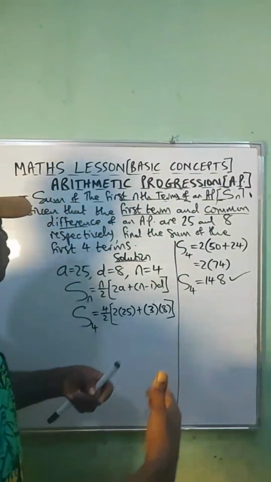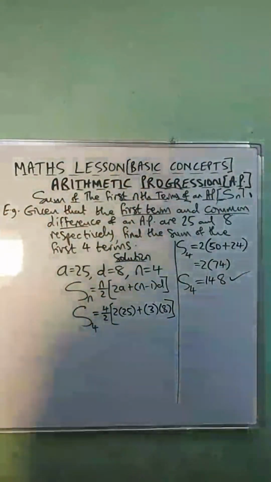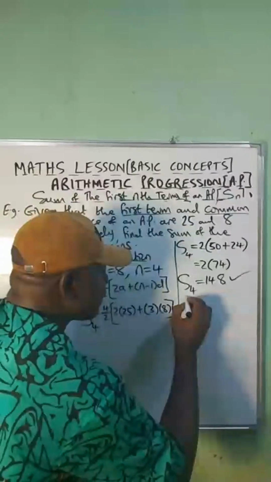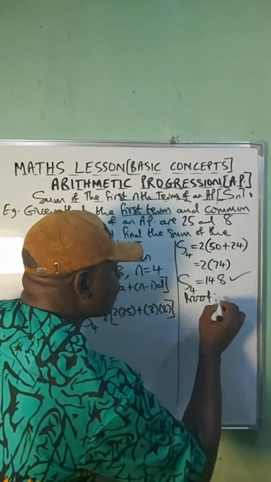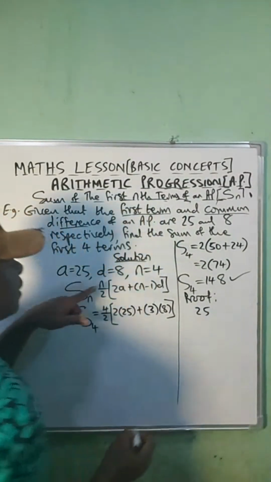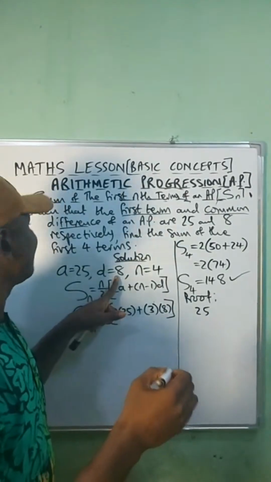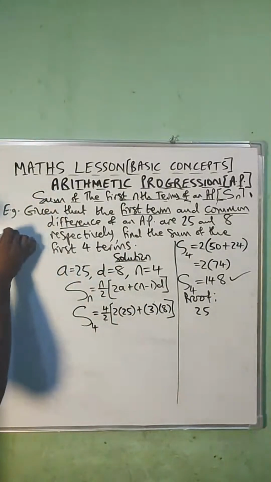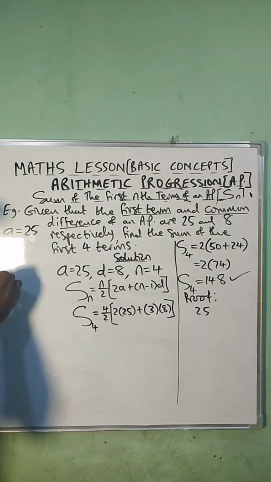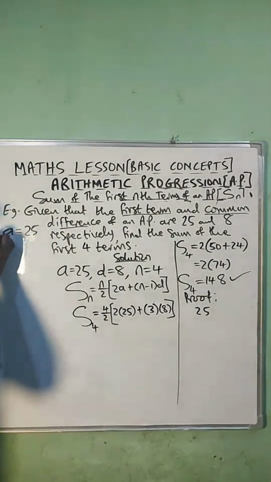Then you can also try to prove. Yes, you can also try to prove it. Proof. The first term is 25. The common difference is 8. Remember, I told you A is 25. So this is T1.